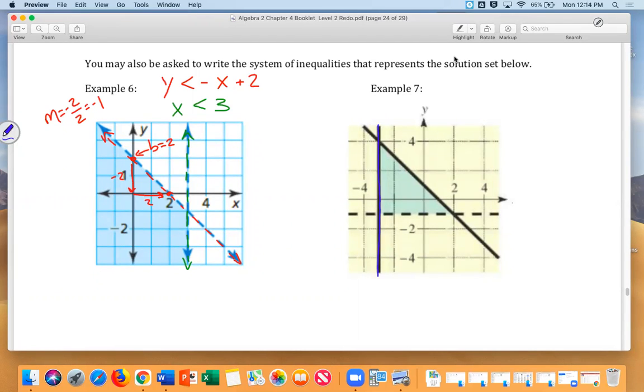This blue line looks like I am counting by 2s. So that is a vertical line. It's going through -3. How do I figure that out? Well, if I'm counting by 2s and I'm in the middle of a box, that's going to be -3. Now, let's see. We're shading to the right.